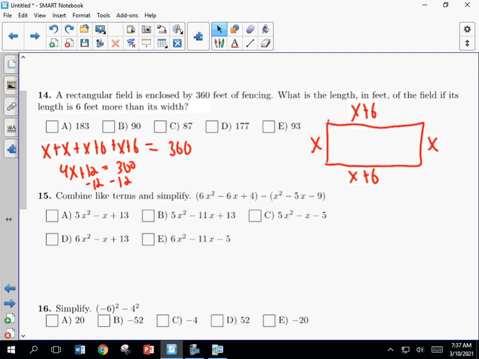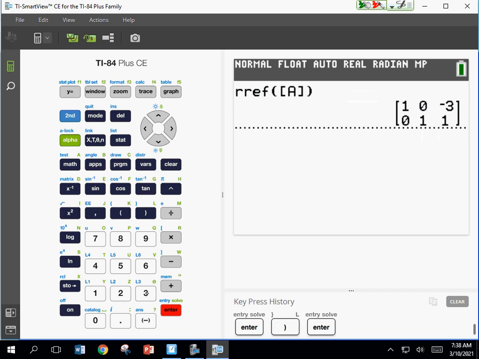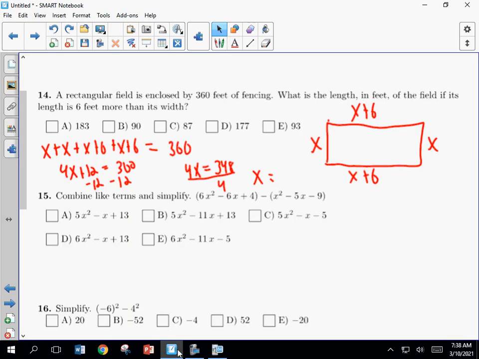Subtract 12, subtract 12, you get 4X equals 348. Divide both sides by 4, and you get X equals 348 divided by 4. Now here's the hard part. You got 87.